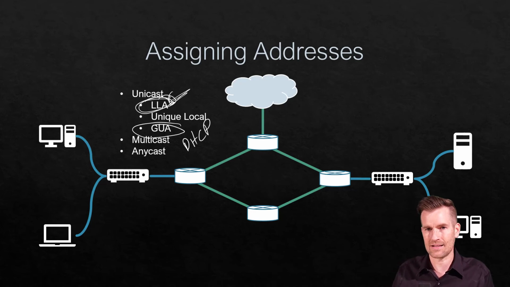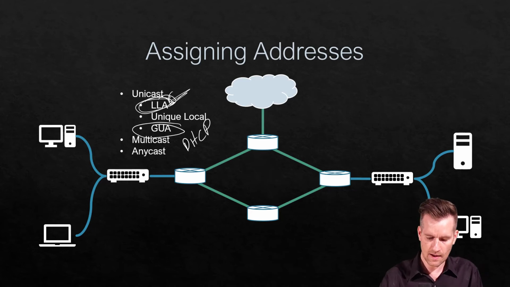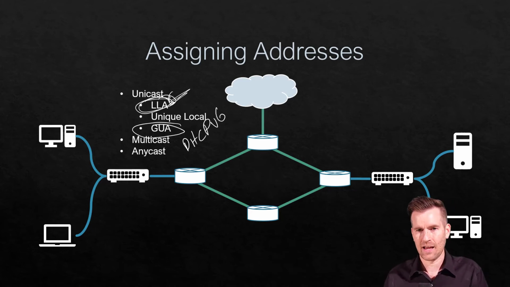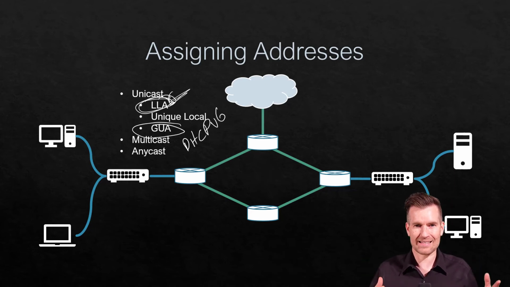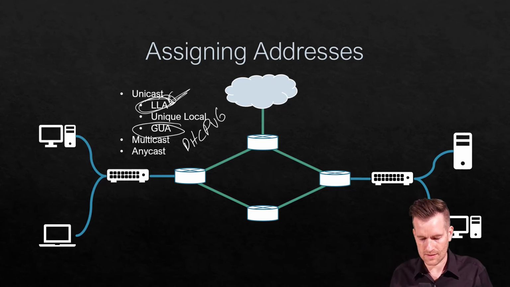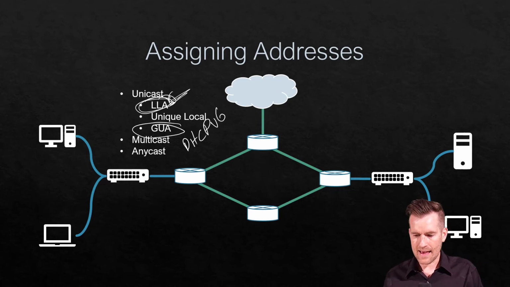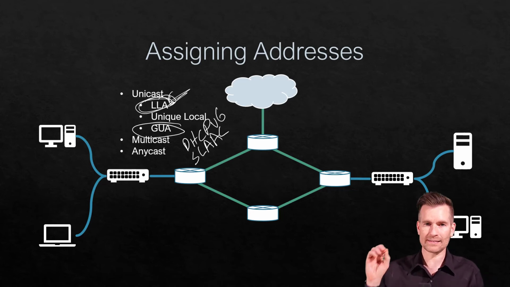That's the DHCP server that will assign those. Well, there is a DHCP version 6, which is the equivalent of DHCP for IPv4. You have DHCP version 6 for IPv6. Another method is using SLAAC, and we are going to get more in depth into what SLAAC is.